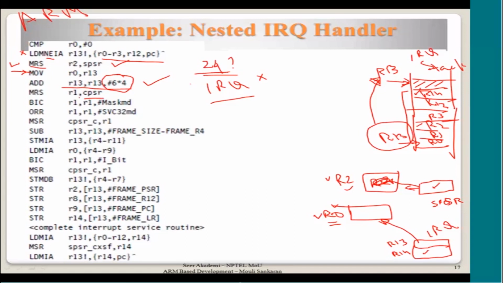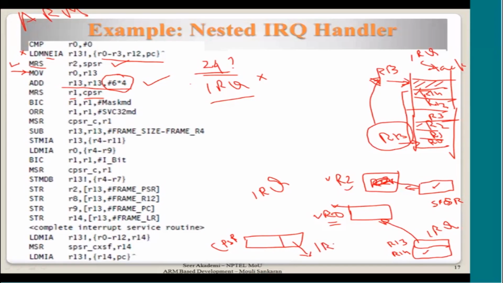The CPSR is moved into R1. Please remember the CPSR currently has some value, correct? While the processor came into IRQ mode, it modified the CPSR. If you recall, it made this into IRQ mode. That is why we are seeing the IRQ registers.